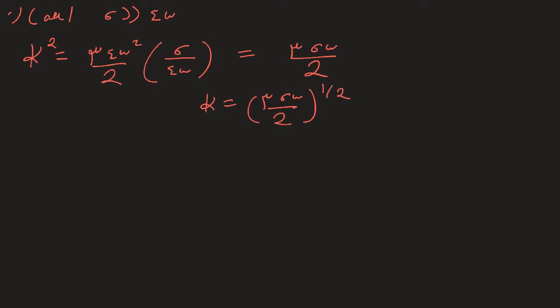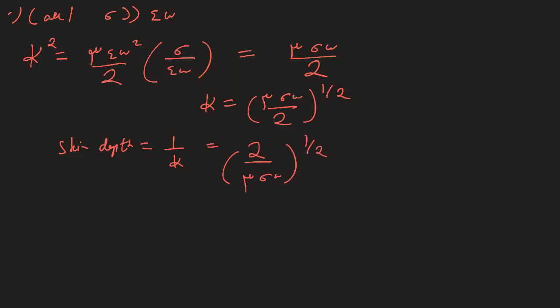So the skin depth becomes equal to 1 over kappa, which is the square root of 2 over mu sigma omega.